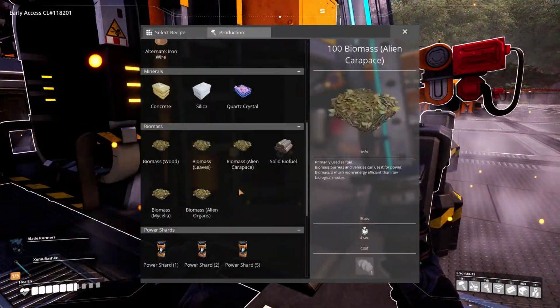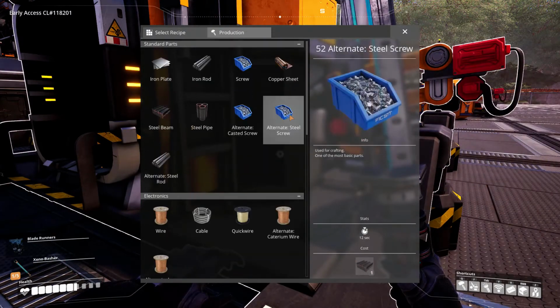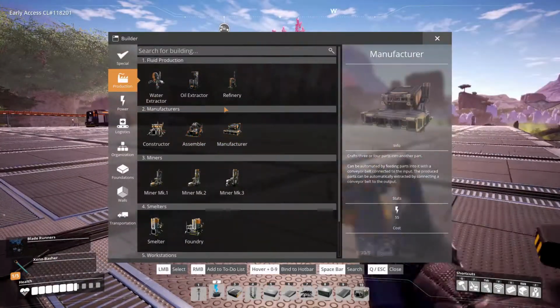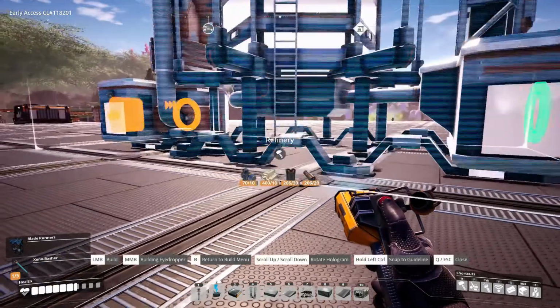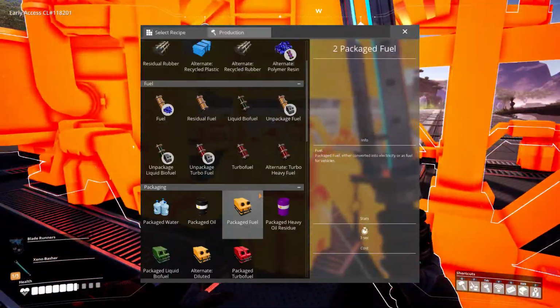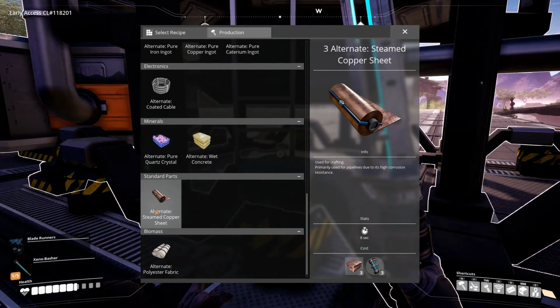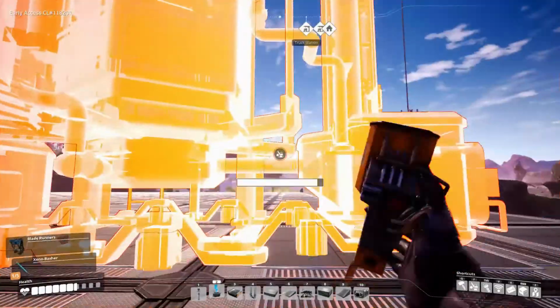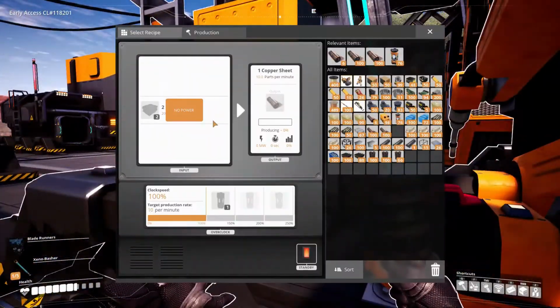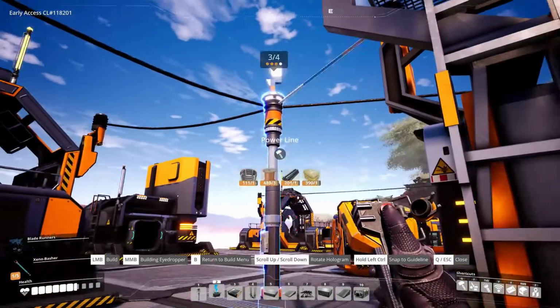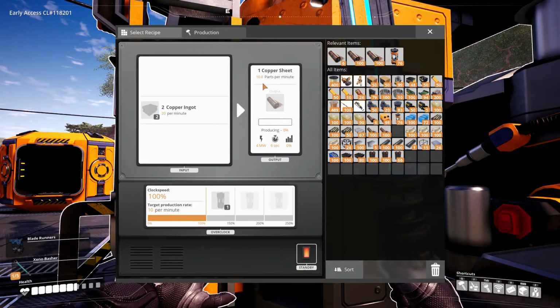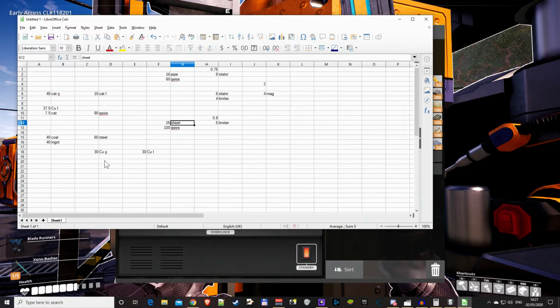You could also steam it. It's not in this building. It's in a refinery, but it needs water. You could also steam it, but oh man, 20 tons. Yeah. Sheet 10.